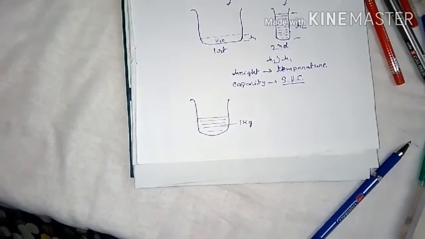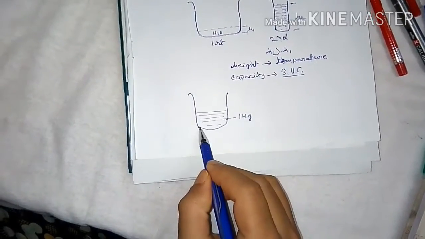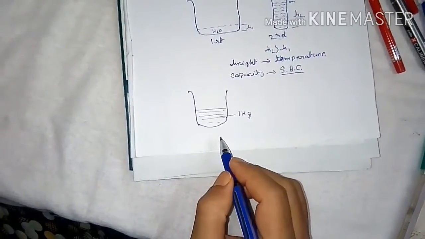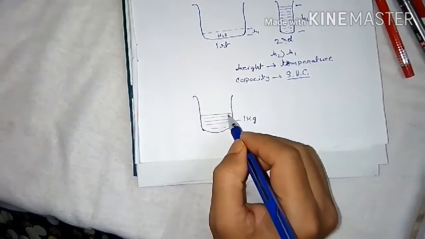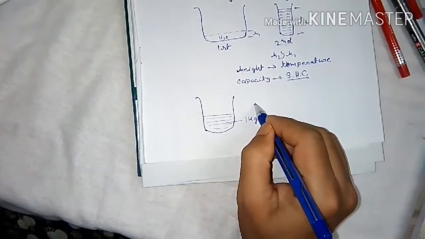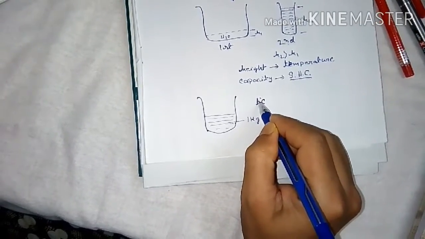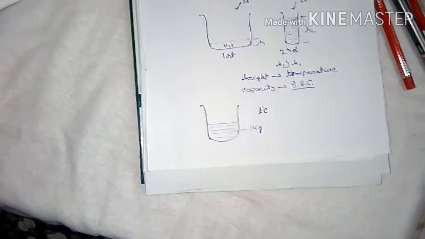So now consider 1 kg of any substance in the container, and the temperature of the substance is T degree Celsius.